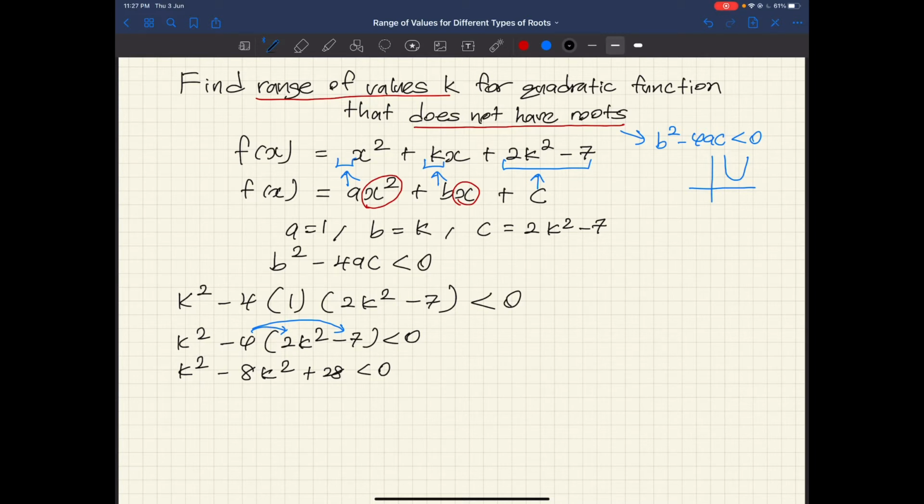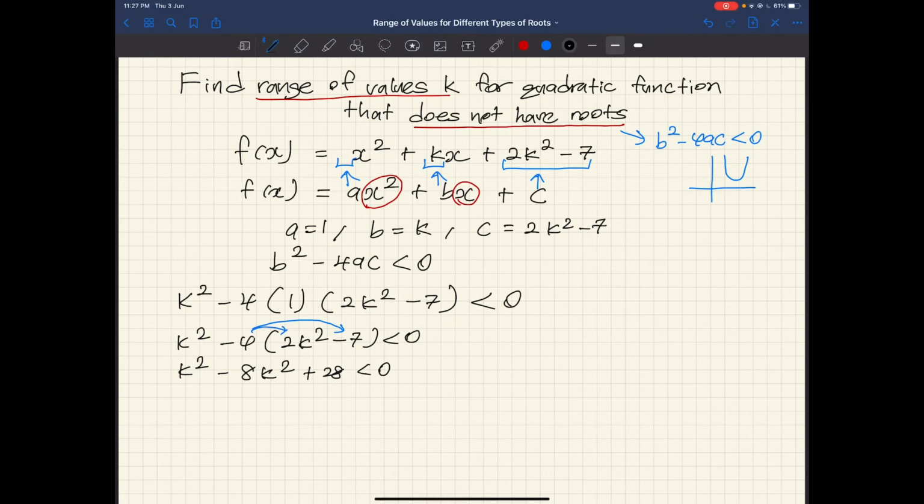Now you have defined this term, and what you can see here is a quadratic function, where k has a squared value. Normally, how do you solve a quadratic function? There are three ways. First, if it is simple, you can just factorize it.